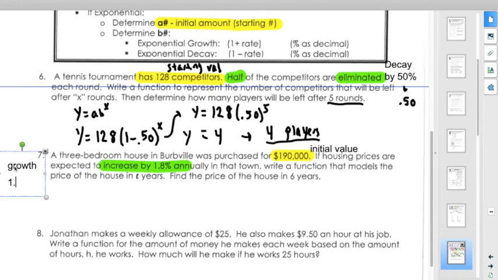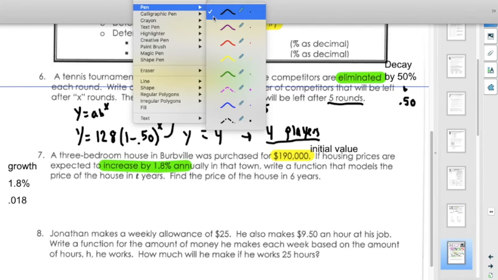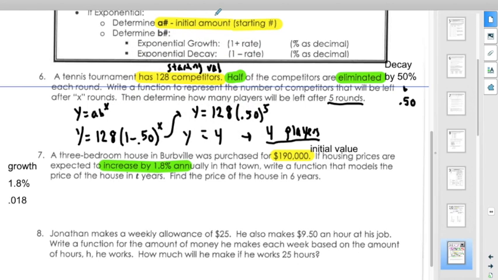Hopefully we see, since it's an increase, it is a growth of 1.8%, which written as a decimal is 0.018. We just take 1.8 and divide it by 100 to get our decimal. Okay, let's fill this one in. Again, it's going to follow the form y equals A B to the x.